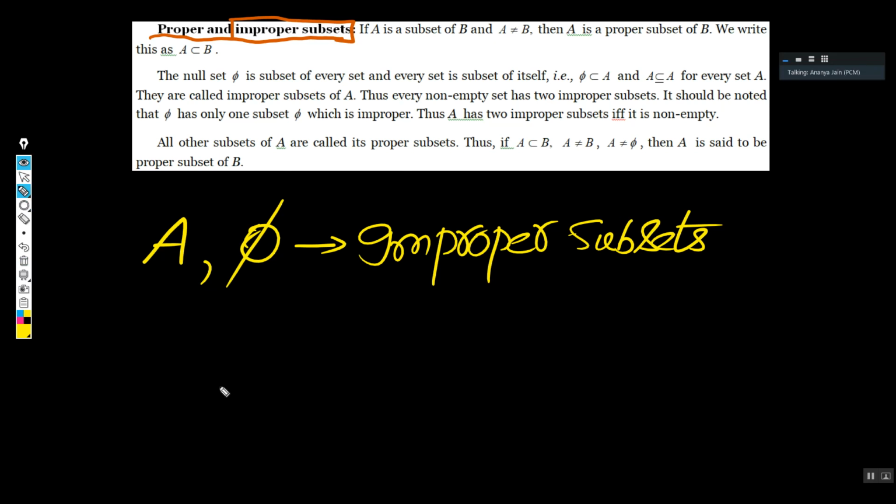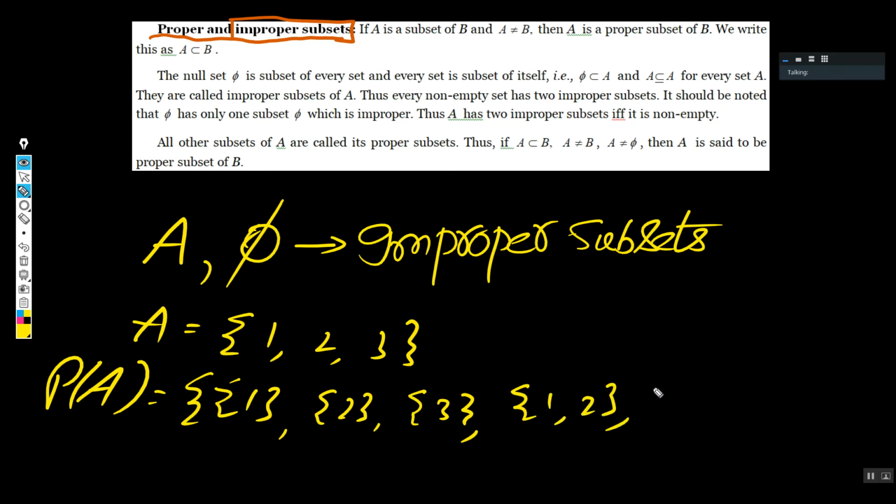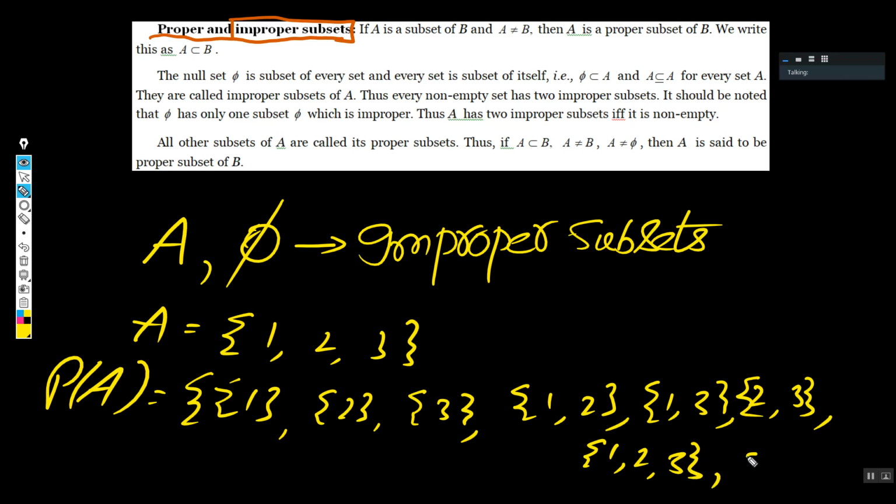Sir, yes. I didn't understand improper. If you take, for example, A is equal to {1, 2, 3}, just now I explained, the power set of A is nothing but {1}, {2}, {3}, {1, 2}, {1, 3}, {2, 3}, {1, 2, 3} and the null set.